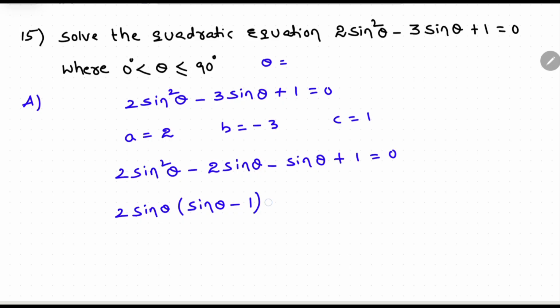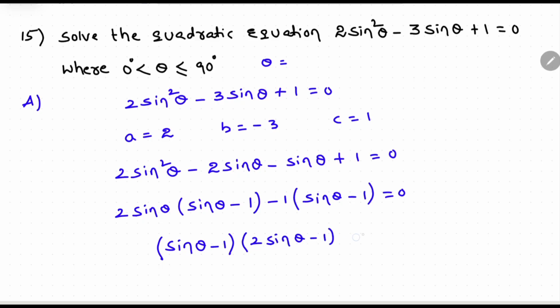So when you take minus 1 common, negative becomes positive and positive becomes negative. So sin theta minus 1 is common, and the remaining will be 2 sin theta minus 1 equals 0.